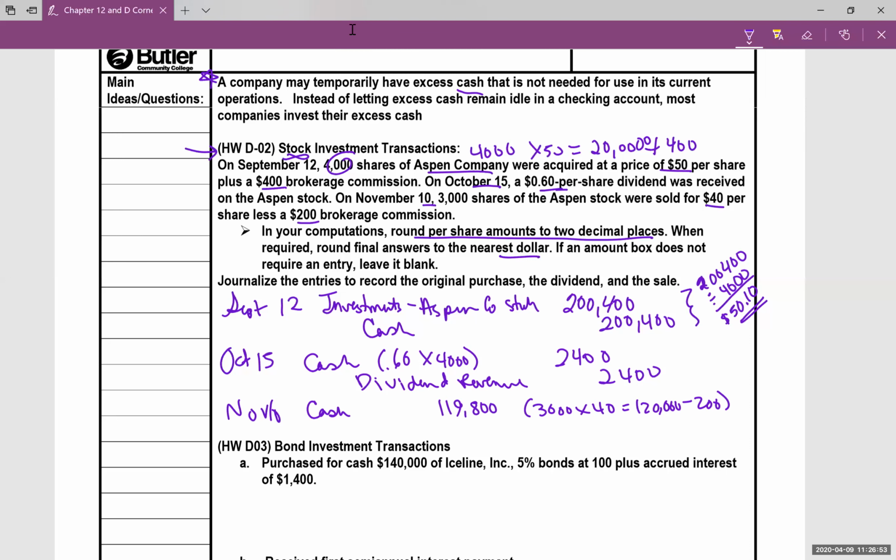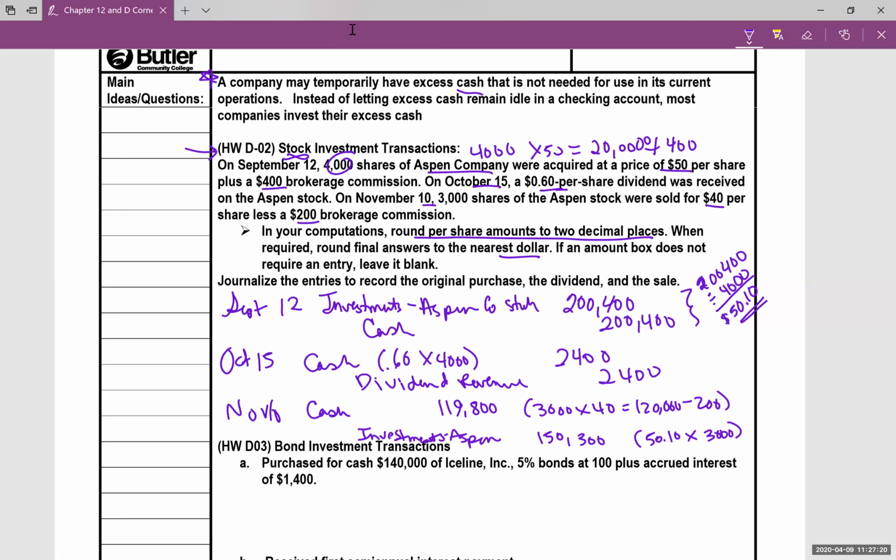The next 2 entries are tricky. Skip a line and credit investments, Aspen. This amount is $150,300. This is where we took the $50.10 times the 3,000 shares that they sold.